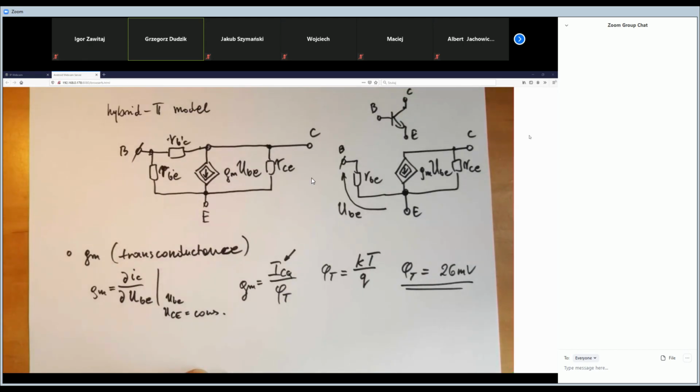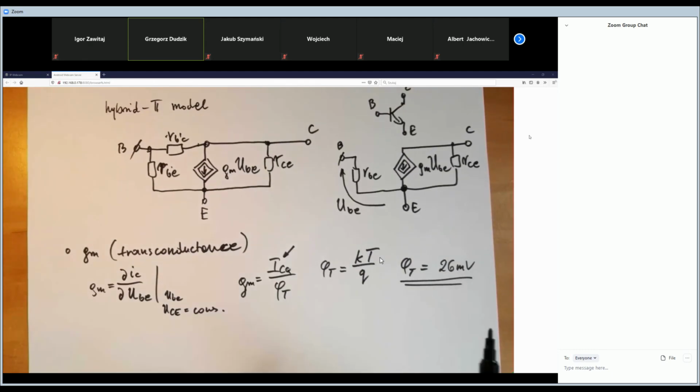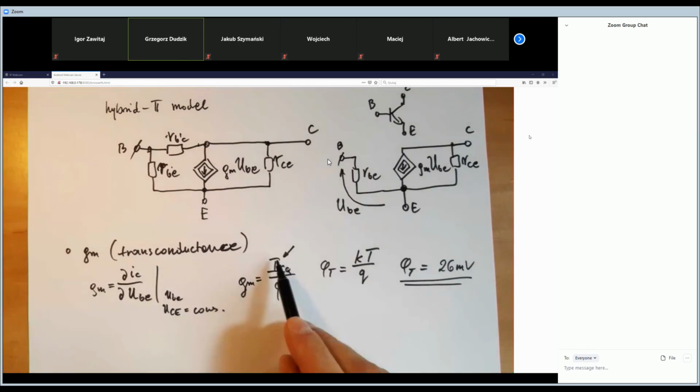So firstly you have to make the DC analysis and find the working point of the transistor. That's why we make it at the beginning, and then we can go to the AC analysis. So please remember, phi t is 26 millivolts, and GM is given by that formula.